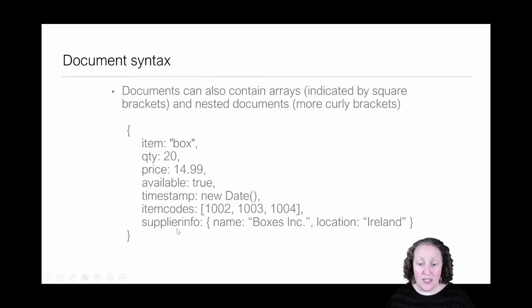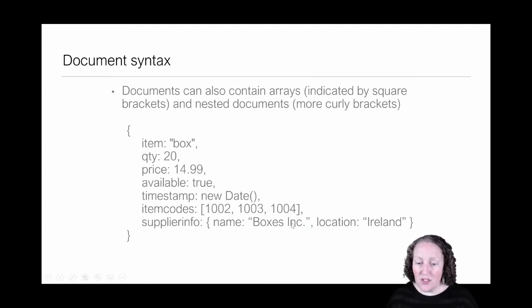And lastly, you can see supplier info has as its value another document, as you see with these curly brackets, and that has its own properties like name and this value here, and then location, which is Ireland. Again, there's a comma separating those property value pairs.